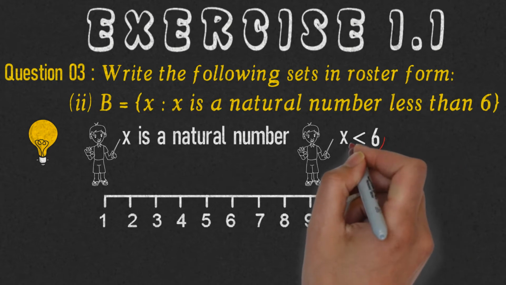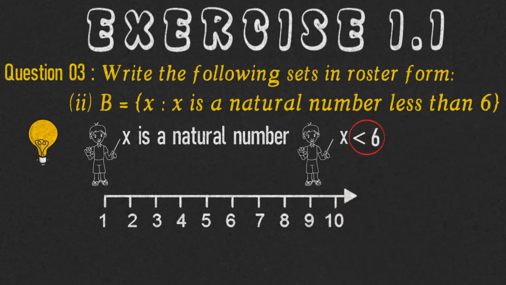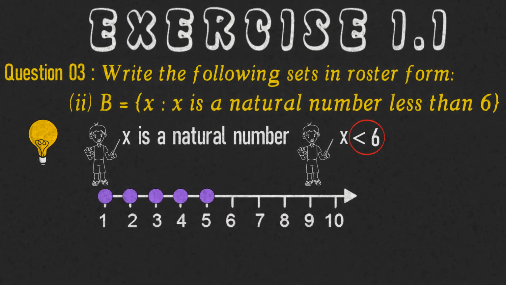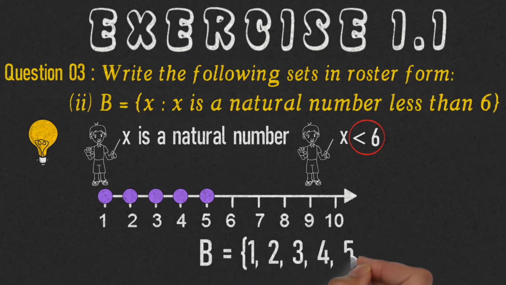As per the second condition, x should be less than 6. This means x cannot take the value 6 or above, which implies x can have the values 5, 4, 3, 2, and 1. Therefore, we can write the given set as B is equal to set of 1, 2, 3, 4, 5.